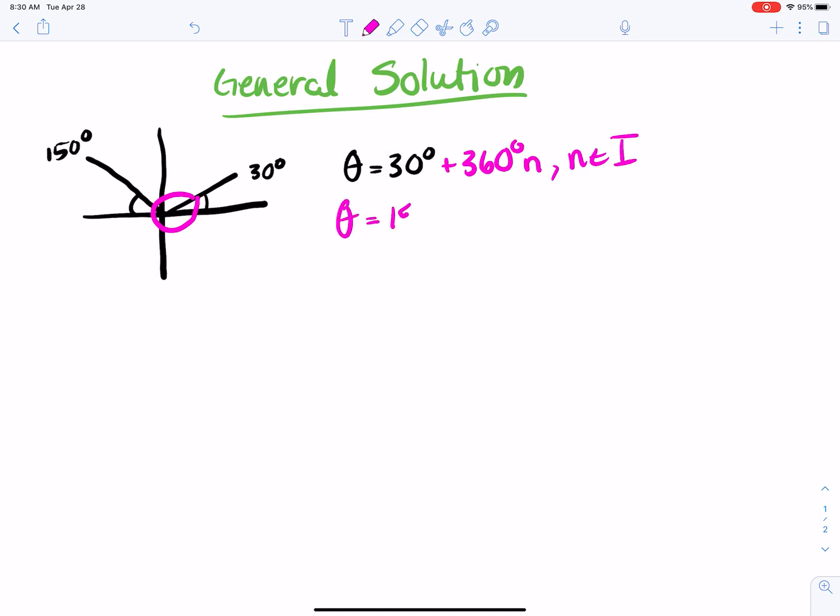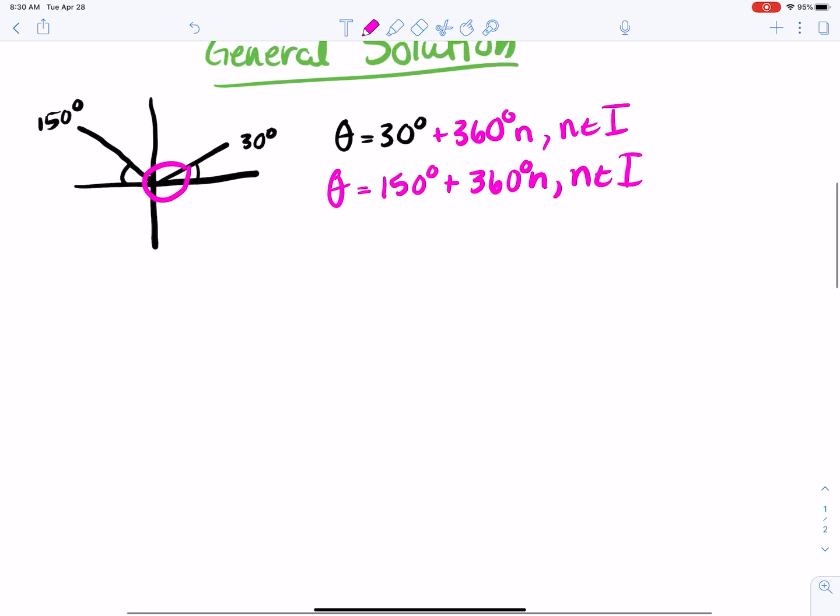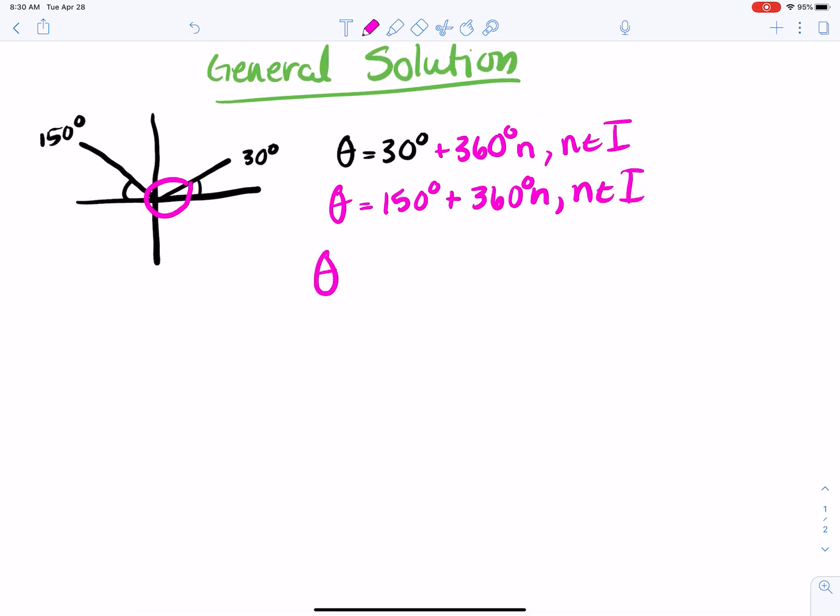And I do the same with 150 degrees. So if I were to write this as a general solution, that would be theta is equal to 30 degrees plus 360 n. And, whoops, I wanted to put those together. 150 plus 360 degrees n, n being an integer.